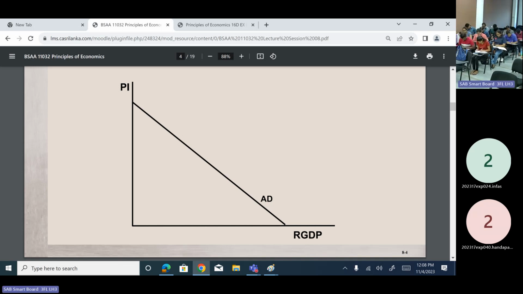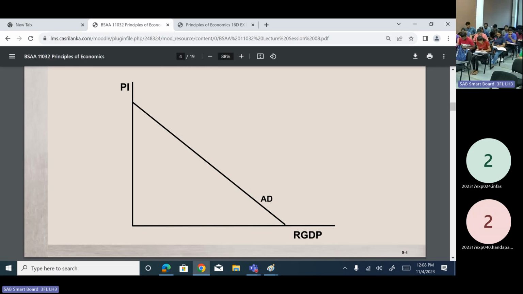For the entire economy, on the y-axis, it's not just the price of the product, it's the price level. Remember the general price level we learned in inflation? So it's the price level for the economy.